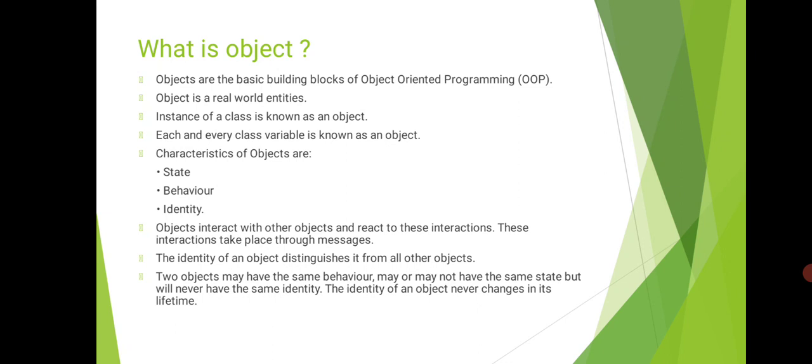Okay, so for example, C1 ID is 1, C1 name is Smith and C1 age is 21. Similarly, C2 ID is 2, C2 name is Annie and C2 age is 29, like this. So each object has its own attributes. They can have the same behaviors and same state, but they do not have the same identity.